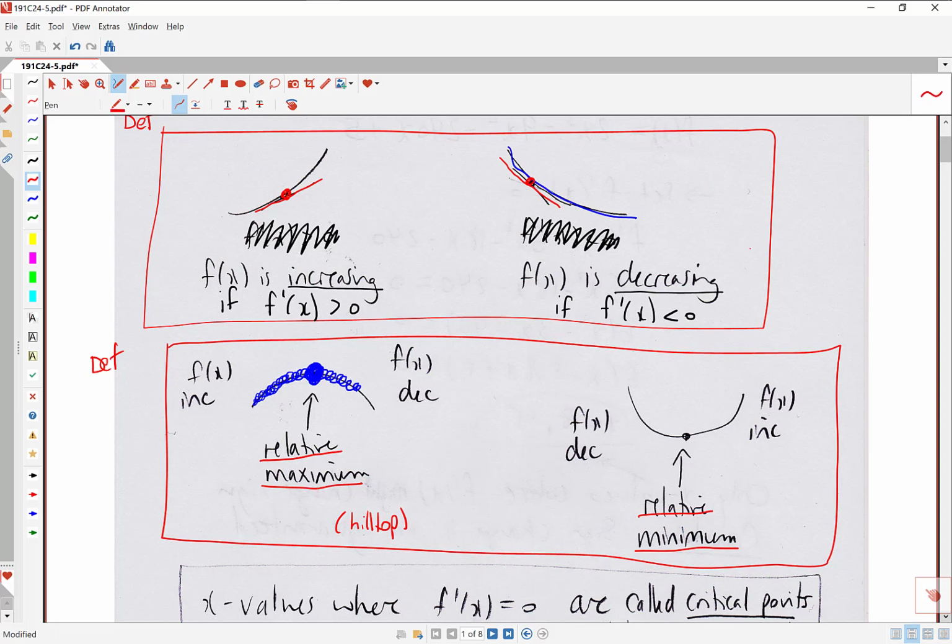The opposite sort of behavior is if you have a relative minimum. You could call this intuitively a valley, or more specifically, the valley floor, the very bottom of the valley. So here's our relative minimum point on this picture.